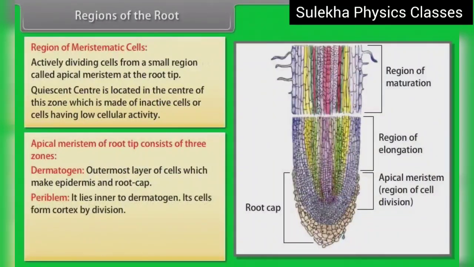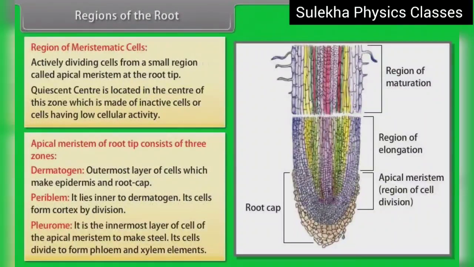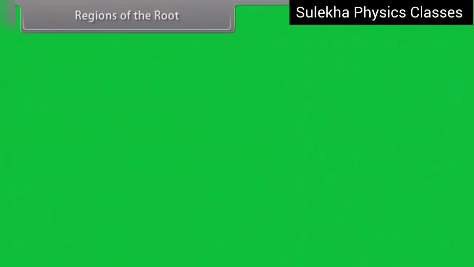Periblem, it lies inner to dermatogen. Its cells form cortex by division. Plerome. It is the innermost layer of cells of the apical meristem to make stele. Its cells divide to form phloem and xylem elements.